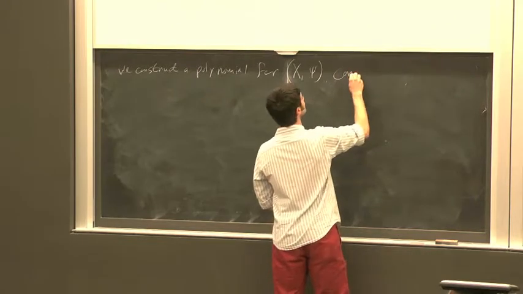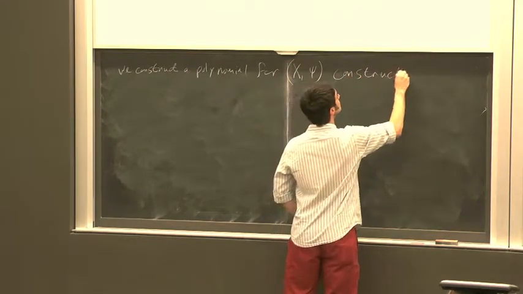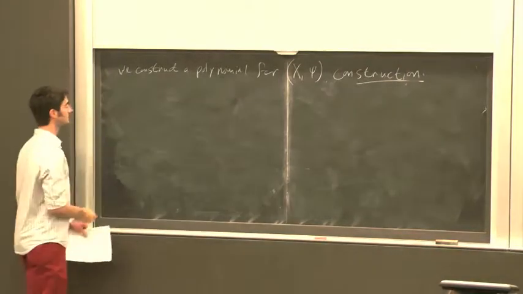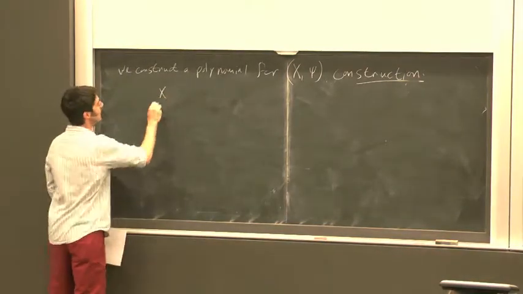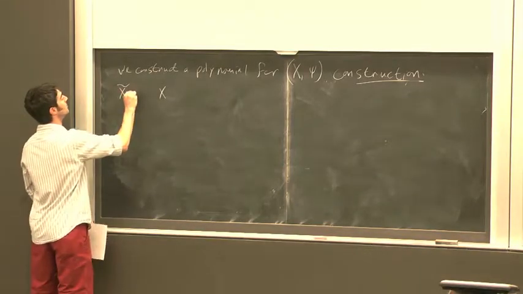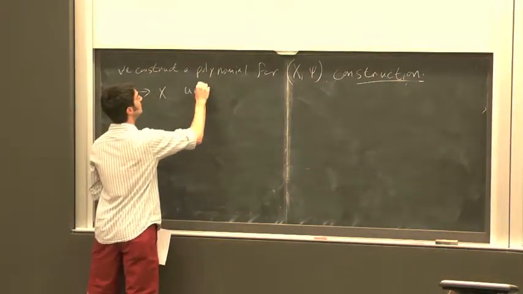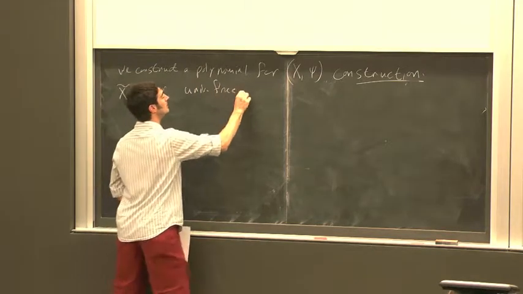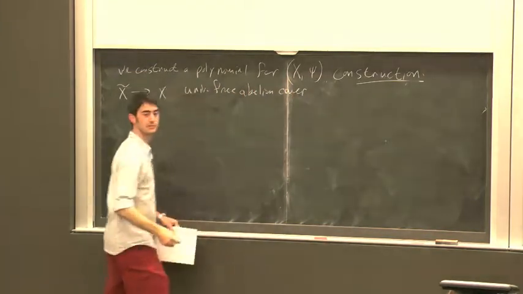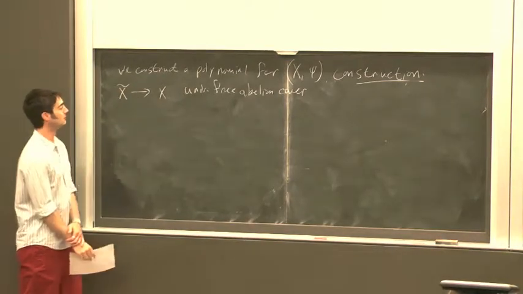So how does the construction go? I take my mapping torus, X, and I go to the universal free abelian cover. It's just the maximal free abelian cover.